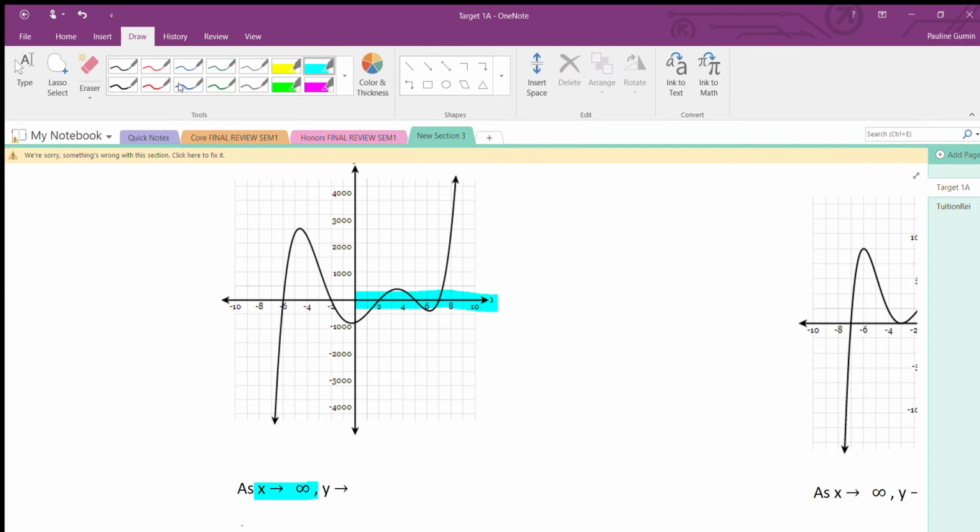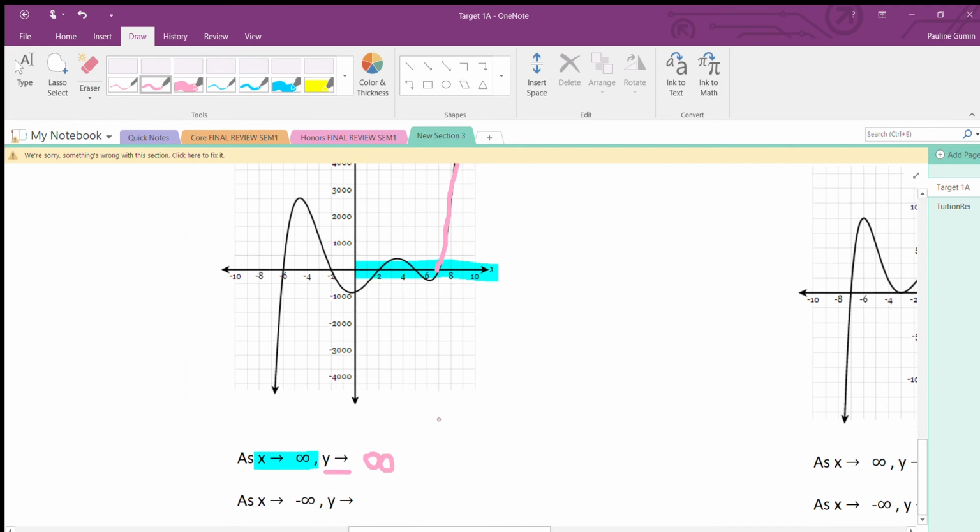Well, let's see. For our y's, I'm going to look at the up and down. On the right side of my graph, my arm is going upwards, so y is also approaching positive infinity. I'm really bad at drawing infinity, so you're going to get this as my infinity symbols. Apologies.